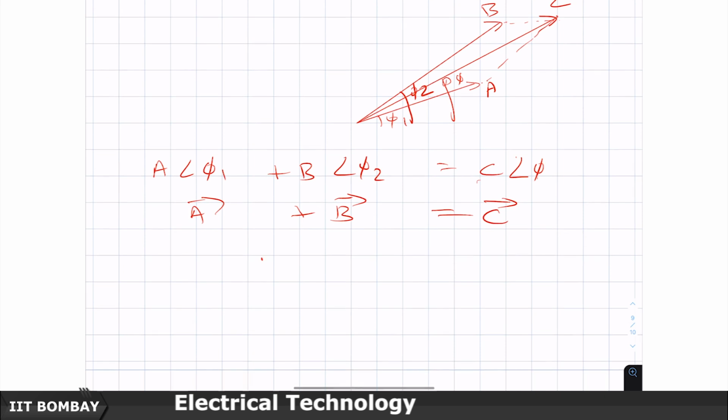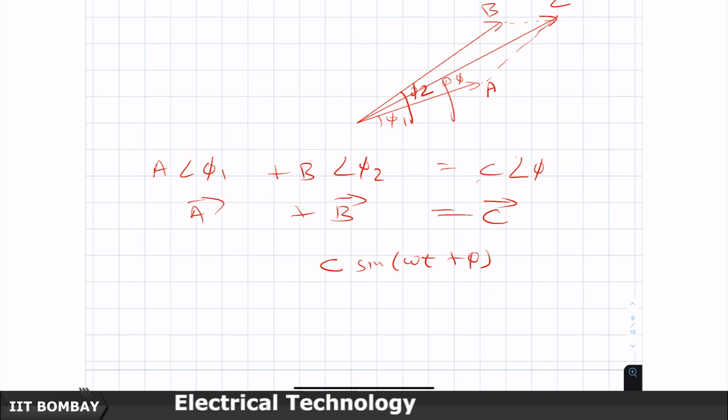Once I got this, I will say my resultant summation is C times sine of omega t plus phi. Every time I am taking sine of omega t as the reference waveform.